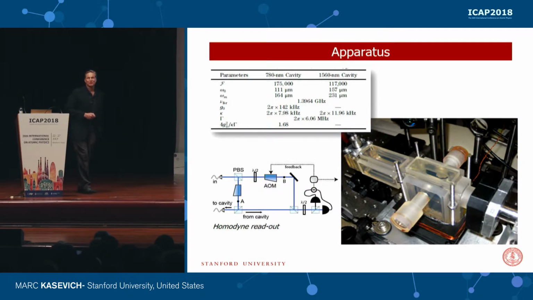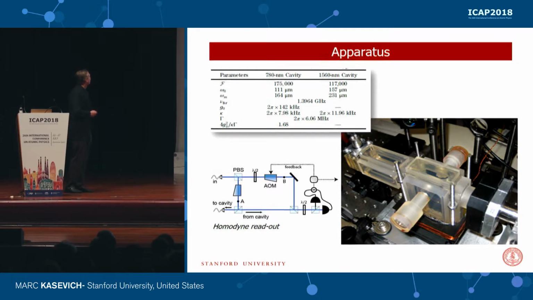So just in terms of some experimental details, this is the apparatus. Here's a source of cold atoms, a quote 2D MOT. Here is a high finesse cavity, for those who are experts in this area in the audience. These are the cavity parameters: 200,000 finesse, waist of about 110 microns, free spectral range of 1.3 gigahertz.